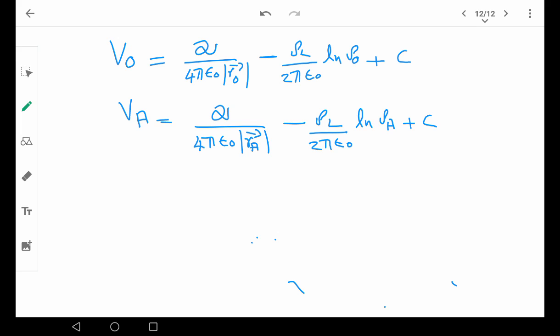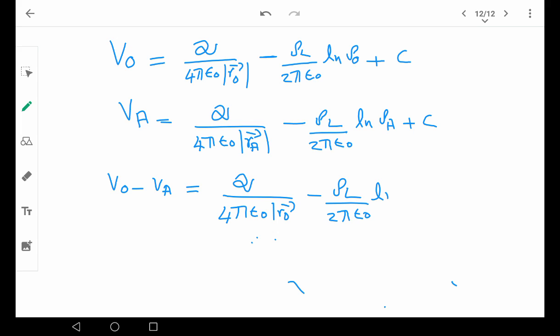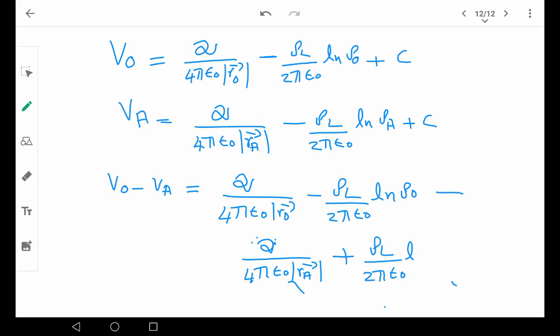Now what is V0 minus V A? V0 minus V A will be equal to Q by 4 pi epsilon 0 R0 minus rho L by 2 pi epsilon 0 ln rho 0, minus Q by 4 pi epsilon 0 R A plus rho L by 2 pi epsilon 0 ln rho A, isn't it?